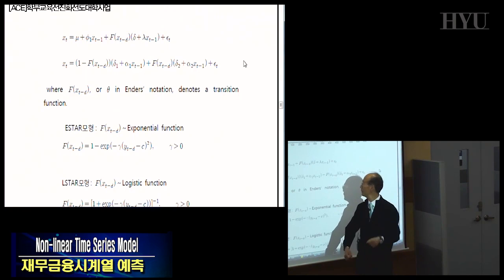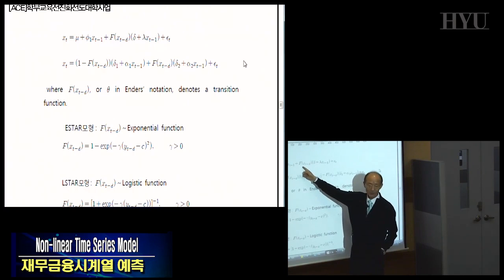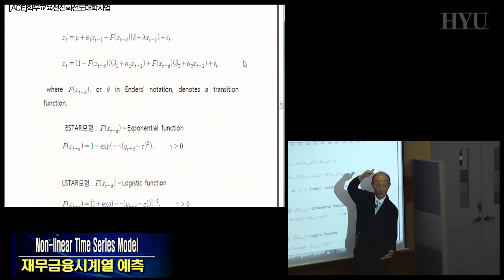Okay? So depending upon the value of x here, this value could be 1 or some different numbers: 1, 0.9, 0.7, 0, 0.1, but bounded from 0 to 1.